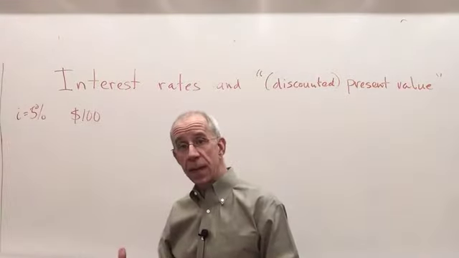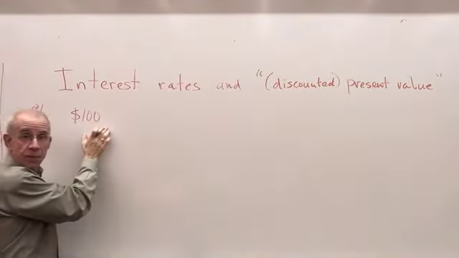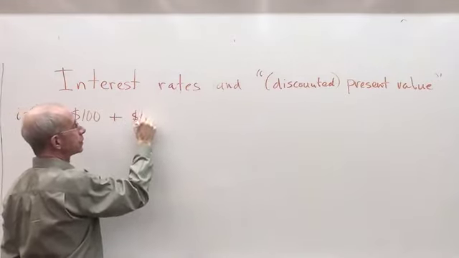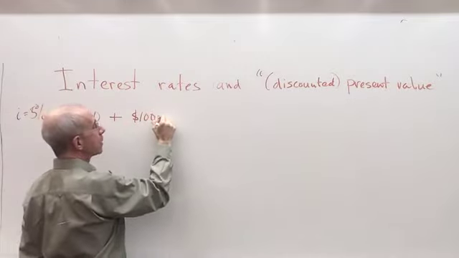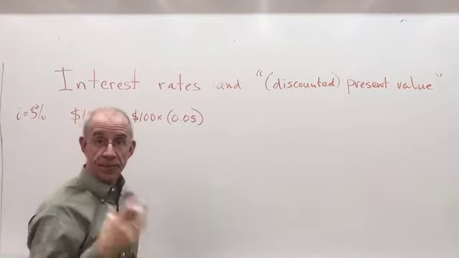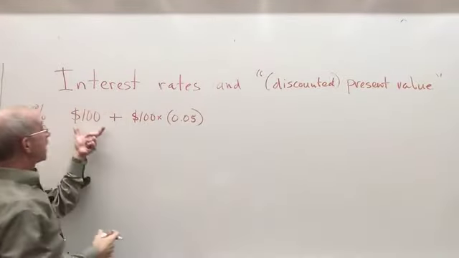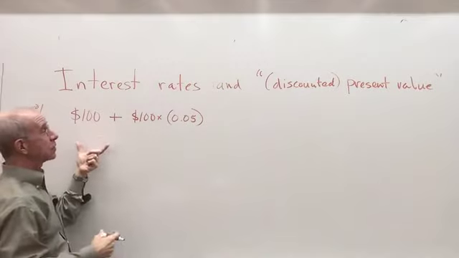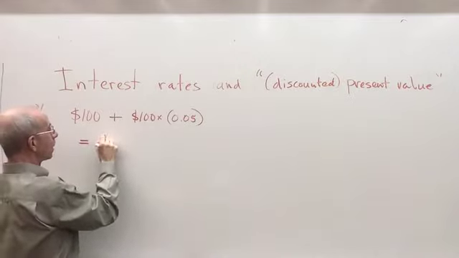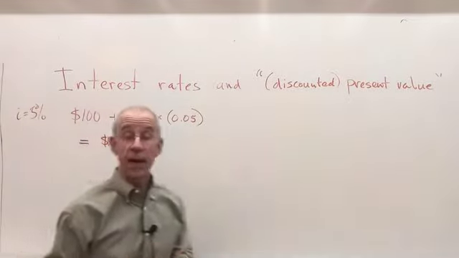Now, the way we think about that is that we take the amount that you invest and you add to it the interest payment, which is $100 multiplied times 0.05. That's 5%. That's the interest payment. So if I take my $100, I can turn that into $105 after a year.